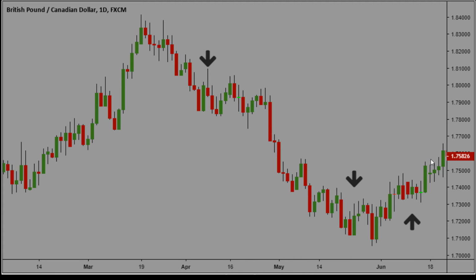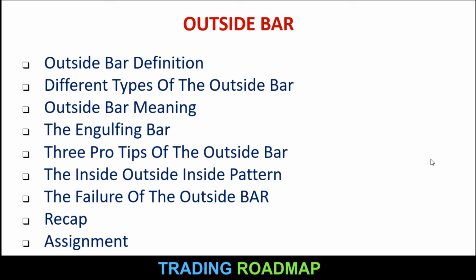So just a quick recap of what we have learned today. We discussed the outside bar definition, and also the different types of the outside bar. I discussed the outside bar meaning, and we mentioned that one side took the highs and the other side took the lows.